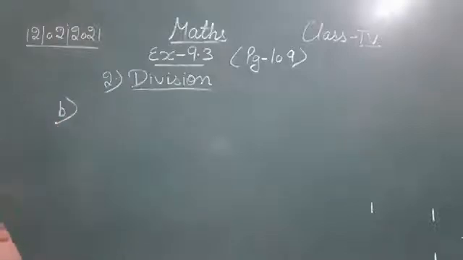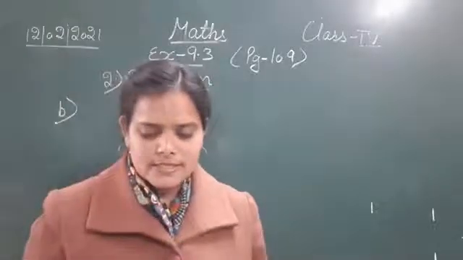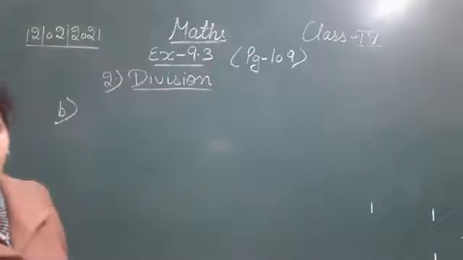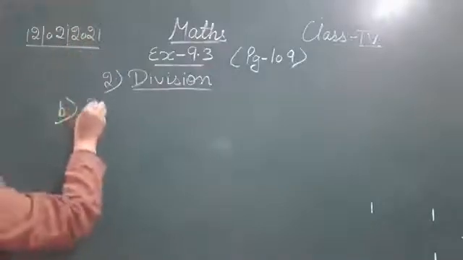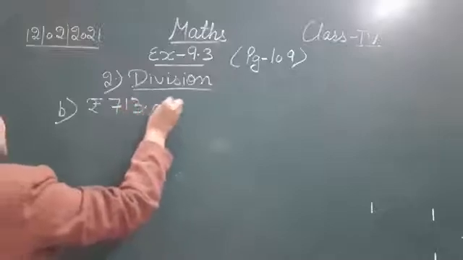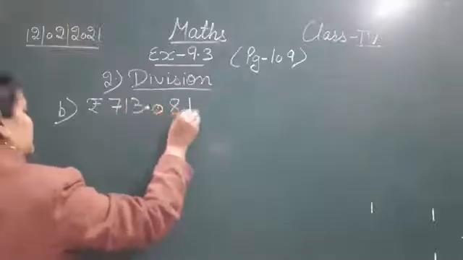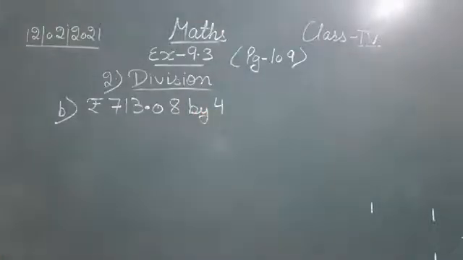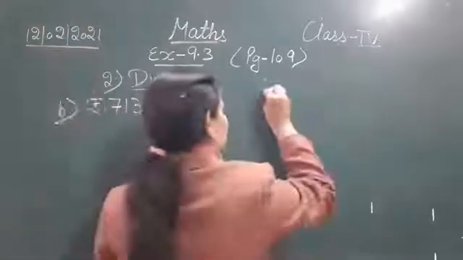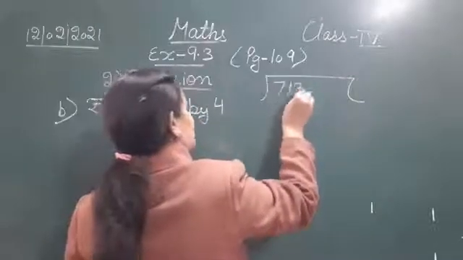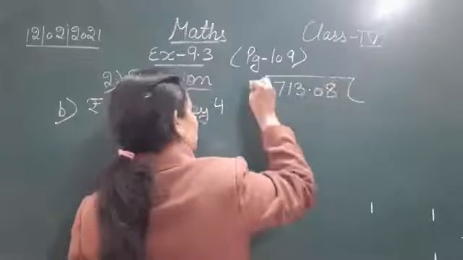In the B part, we have to divide 713 rupees 8 paise by 4. So let's divide it.